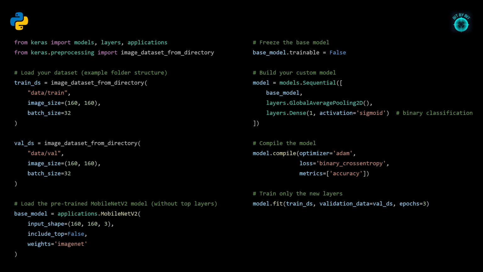Even with very little training, this model can achieve over 90% accuracy because it's building on top of features already learned from millions of images. This is the essence of transfer learning. You borrow knowledge from a model trained on a large dataset and adapt it quickly to your smaller, task-specific dataset.